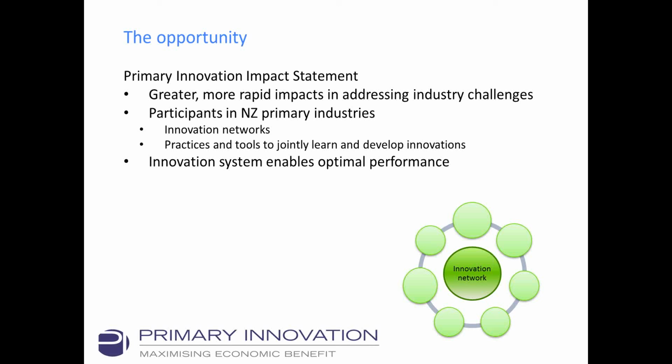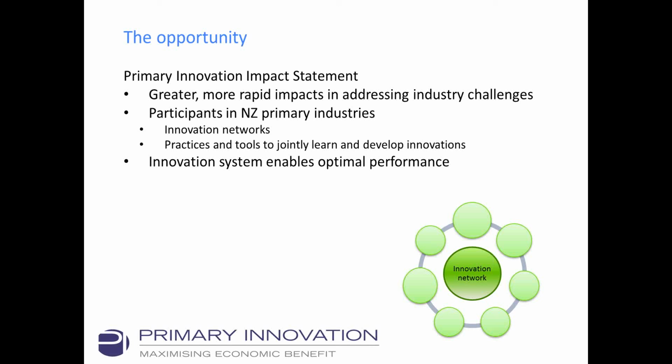And while doing that, we would try and research and identify practices and tools that allow joint learning and development of innovations. And besides researching and identifying them, we would also implement them in these innovation networks.